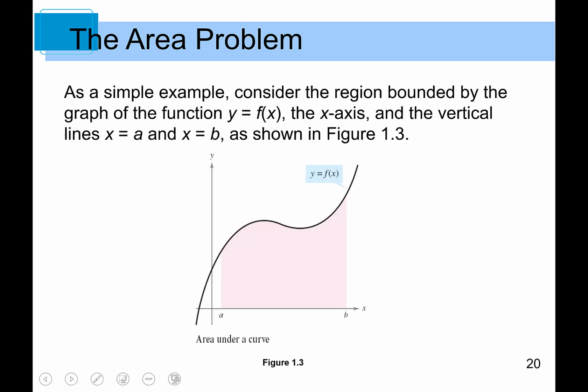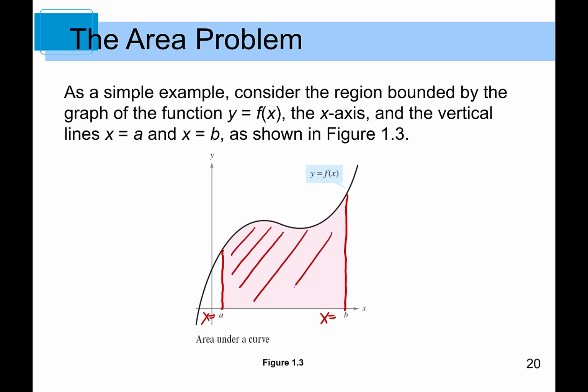For example, we have a curve y equals f of x. So this is our curve. We will figure out the area bounded by these two x values, x equals a and x equals b. So we basically want to find the shaded region in pink.